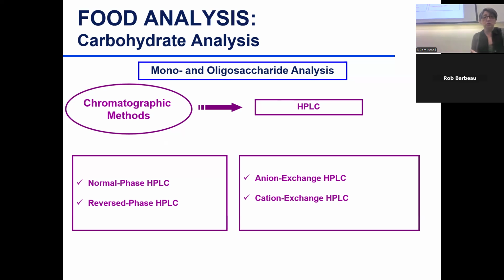These are the most common HPLC modes. But the most common of all is normal phase. The others are also used, and it depends on what you have in the lab and the expertise that you have. So I'm going to talk about each one of those, how they apply to mono, di, and oligosaccharides.